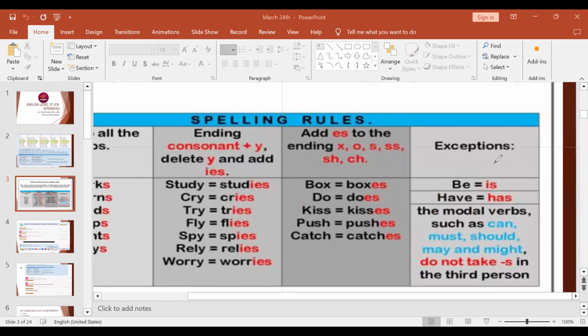Okay. For example, the verb to be, okay? We don't say be in the third person. We use is, okay? We say she is. It is. And the other is he, okay? He is. The same with have.